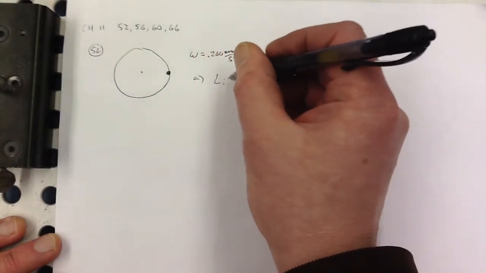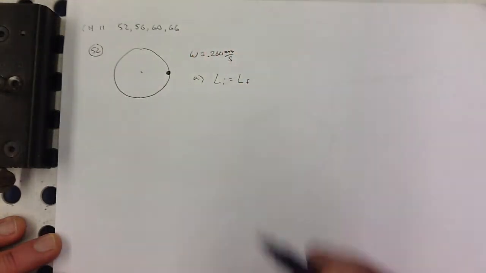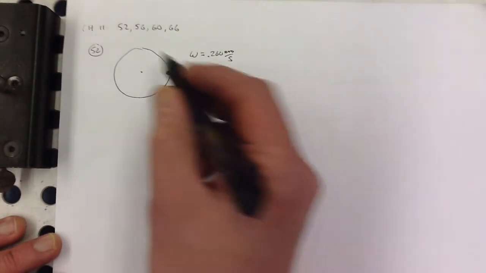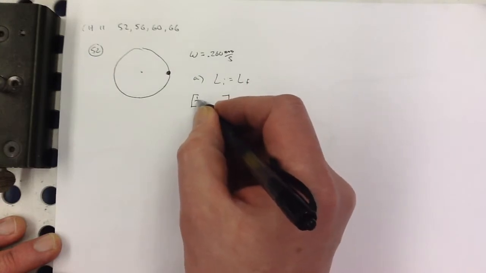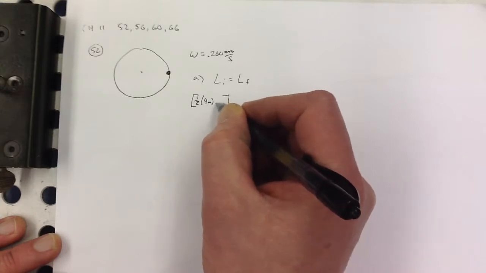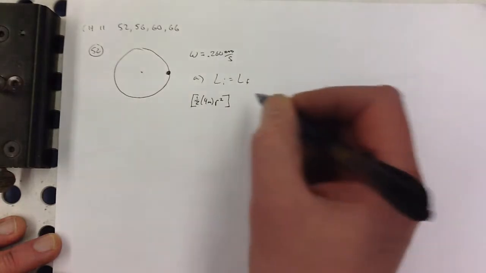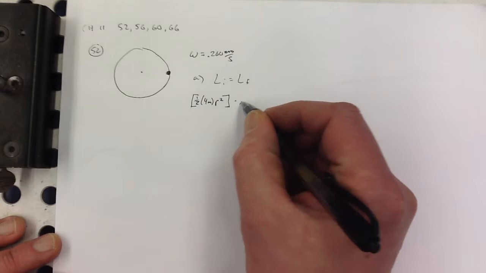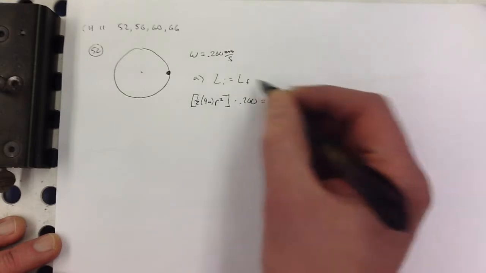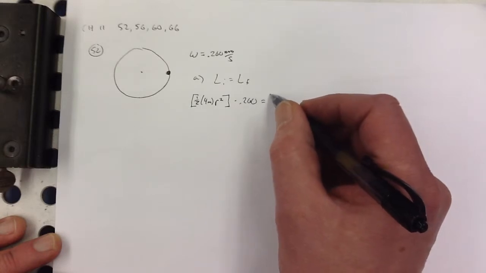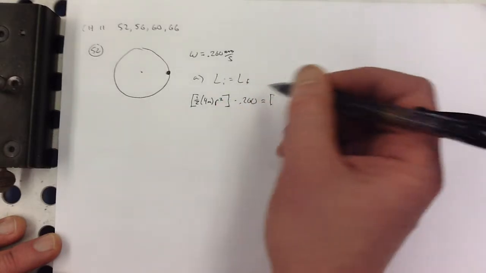Well, the angular momentum is conserved, so that means the rotational inertia, which is of the disk 1/2 m R squared, they didn't tell us the r, did they, times omega 0.260 is equal to I, which, oh dear, I forgot to add the cockroach.